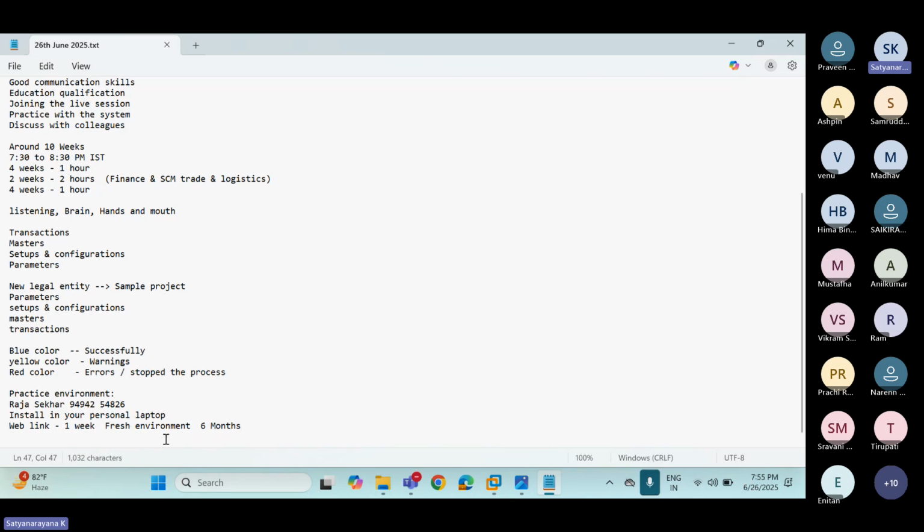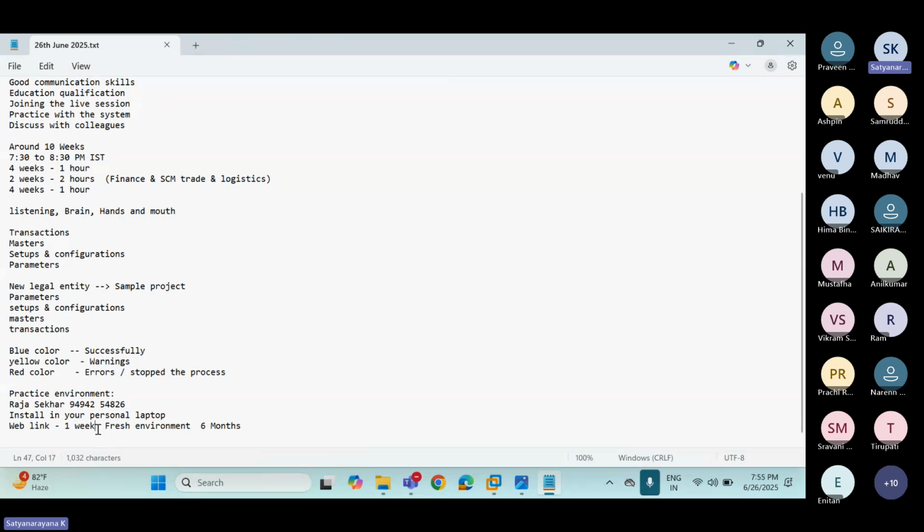If you don't have a personal laptop, or if you keep moving from the client place to your company, to your office, to your home, then the web link is best. But the challenge is that its validity is only 1 week.